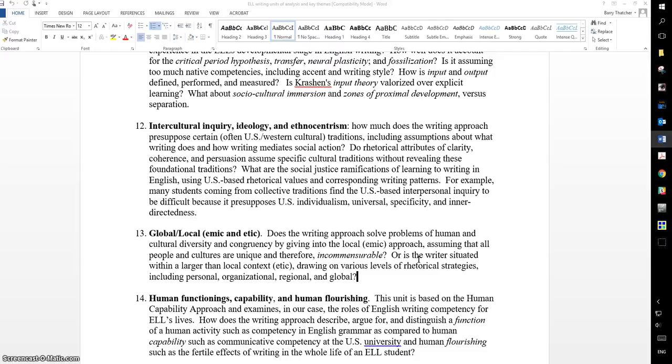The local approach means you can't translate anything because it's so unique to its own situation that it'll never have the same meaning in another culture. And I say, sure, but some of that meaning can be transferred with some loss and some addition in another culture. And how you transfer that meaning is an emic and etic issue.